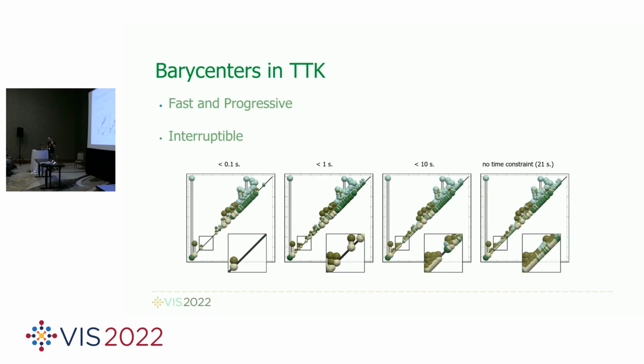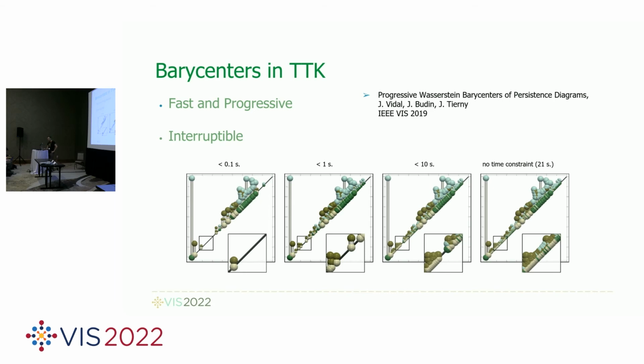So in TTK, we use a fast and progressive method. In practice, the features of the data are progressively added into the computation. So what you get in the end is an interruptible algorithm. Basically, given an ensemble of persistence diagrams, you can set a time constraint and get the best results possible within a time constraint.